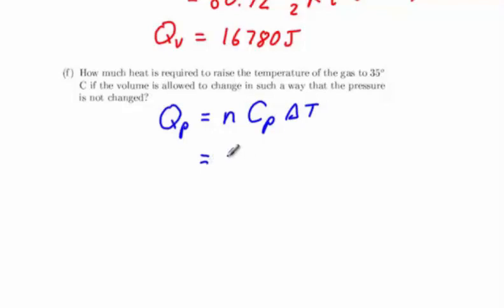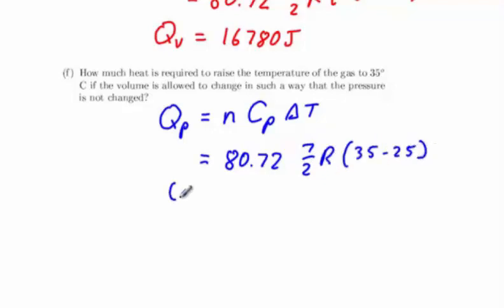We'll be able to use the 80.72 moles, but when we reference the specific heat at constant pressure, we're going to have the larger number of 7/2 times the ideal gas constant. And this gives us the result for the heat necessary at constant pressure to achieve a 10-degree temperature change of 23,490 joules.